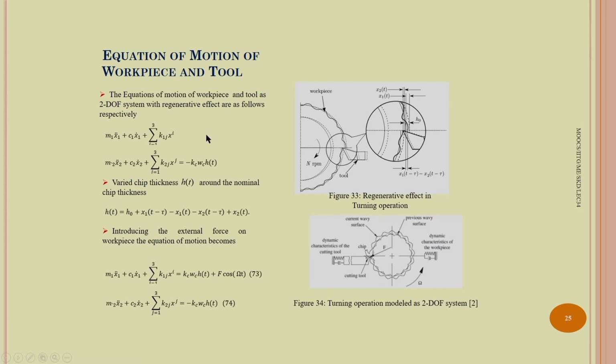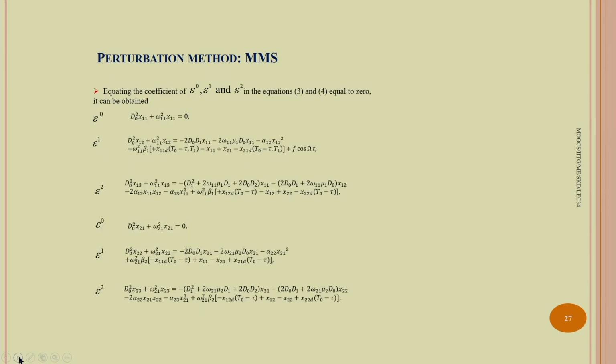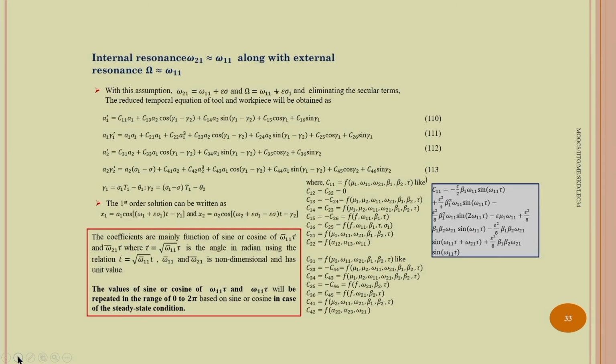In that case this equation can be written in this form, following the previous way. So, you can write down this governing equation. After writing the governing equation of motion, you can reduce it to delay differential equations, and then by solving using the method of multiple scales you can find the response of the system.